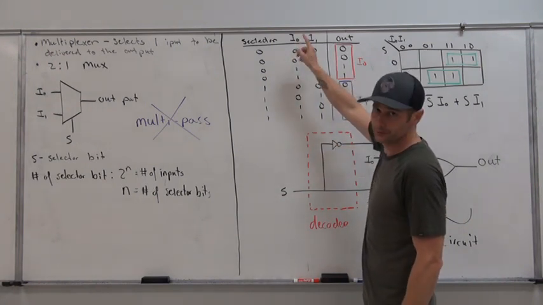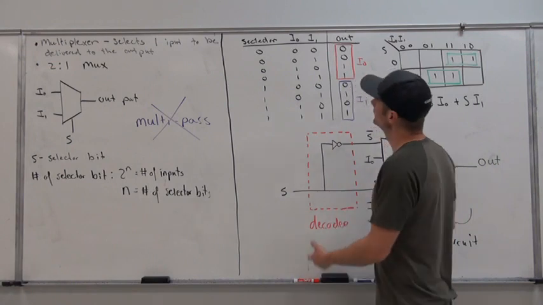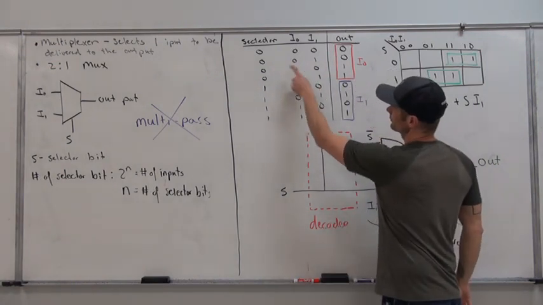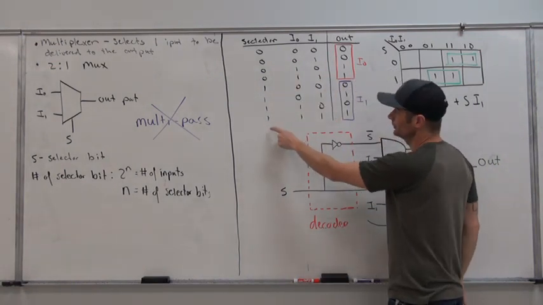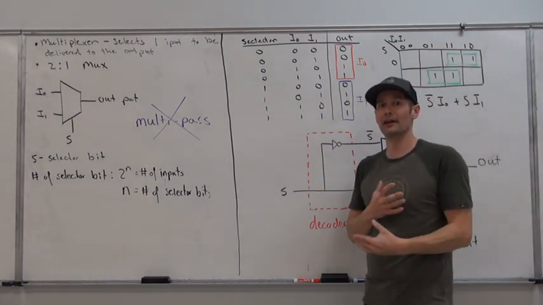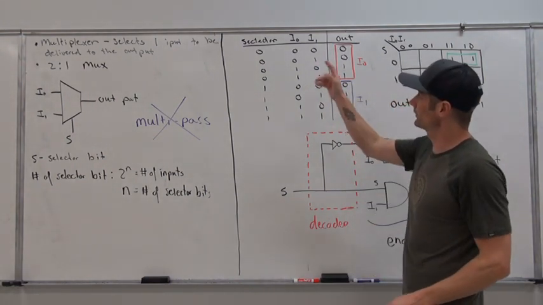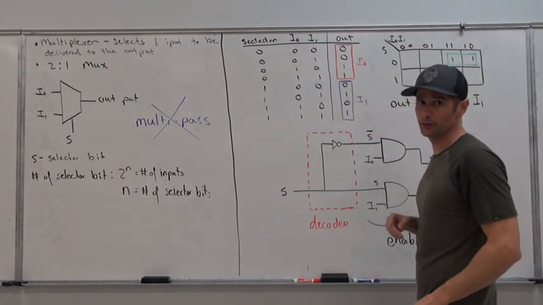Then we have the possible combinations of I0 and I1 too. So here's 0, 0, 0, 0, 0, 1, all the way down to 1, 1, 1, which represents the combinations we could have using the selector bit, I0, and I1.